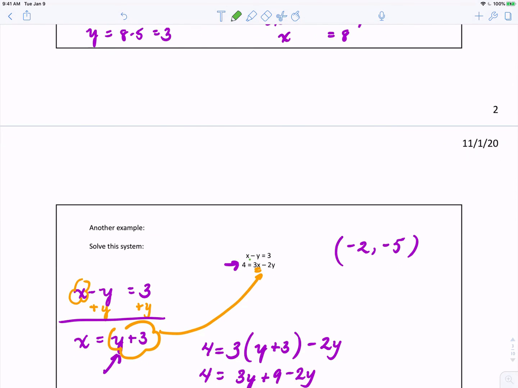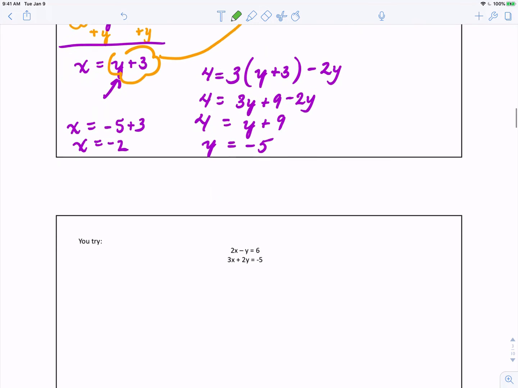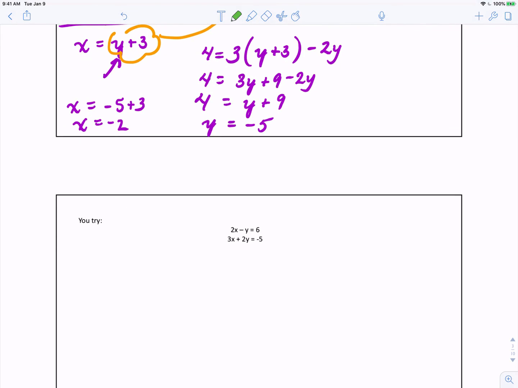In the second system would be this x or this y. The reason those are easy is because if there's a coefficient that's not 1, to solve for that variable you would have to divide, which can sometimes introduce fractions to your work. On this one that you're about to do, the only variable that's easy to solve for is this y right here. So why don't you go ahead and try that.